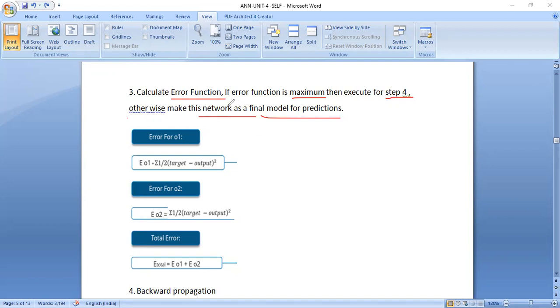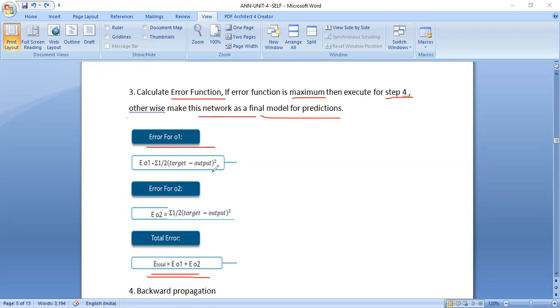In step 3, first of all, what we have to do? Calculate the error function. Okay, the output of this is the final calculation of error function. Okay, see how we are going to calculate the error function. Error function at O1, in the sense output node 1, is equal to sigma 1 by 2 into target minus output whole square.